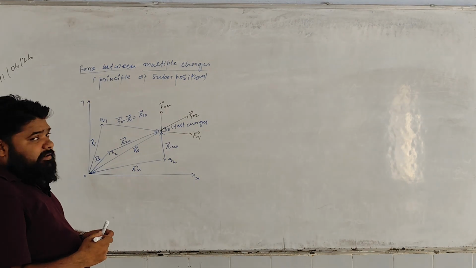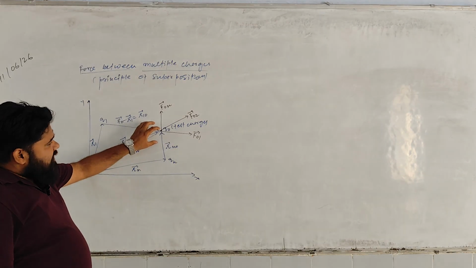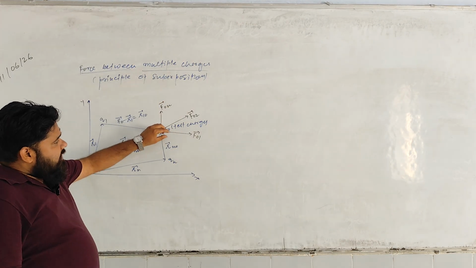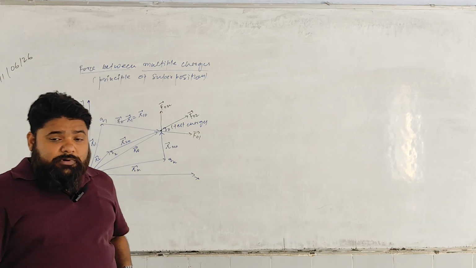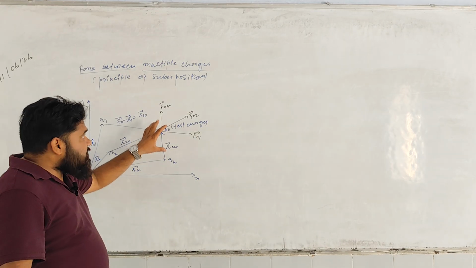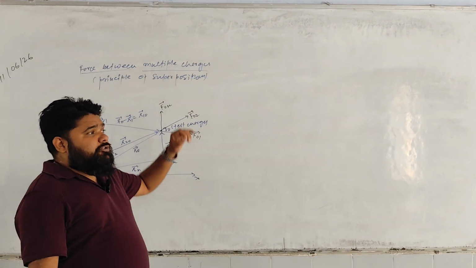So at a single charge, different forces are directed in different directions. What will be the net force? To find the net force, in this case we will use the principle of superposition.